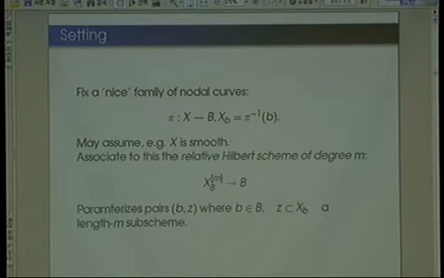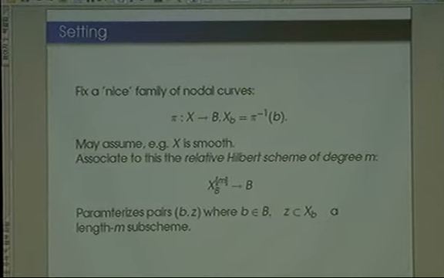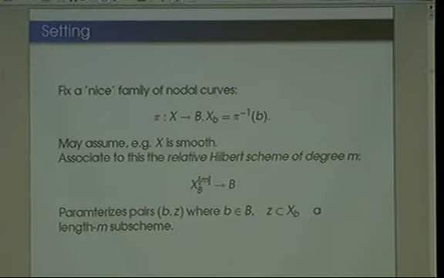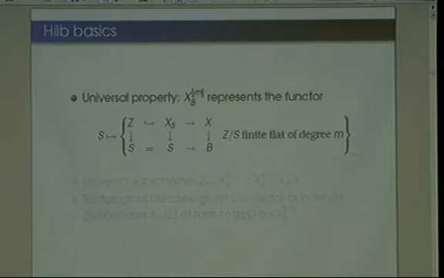Now, to this we can apply the standard construction associated with the relative Hilbert scheme of degree m, which is itself a scheme over V. It parameterizes pairs consisting of a fiber plus a length m subscheme of that fiber.